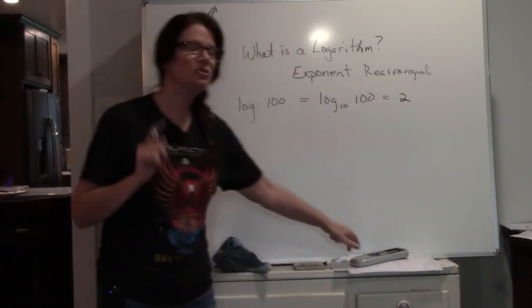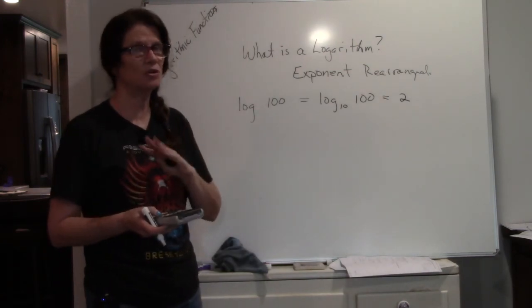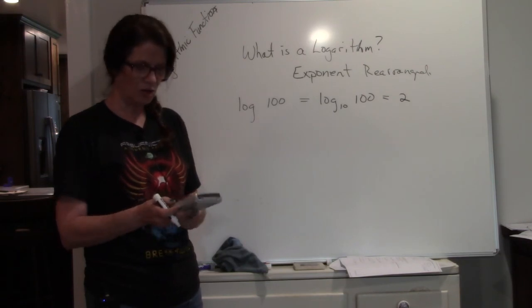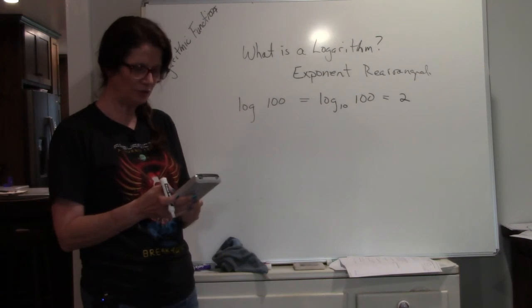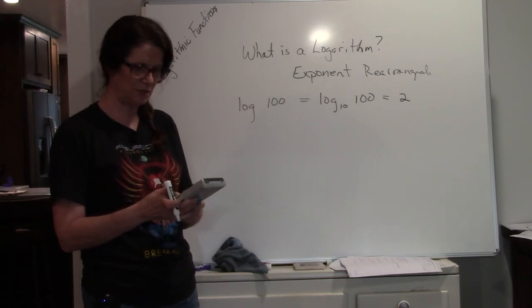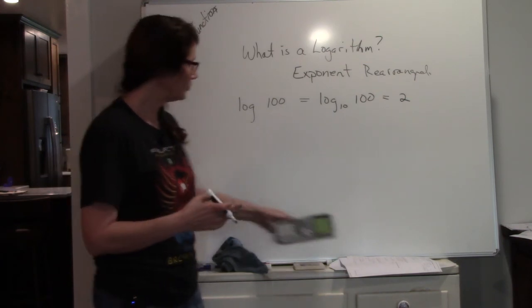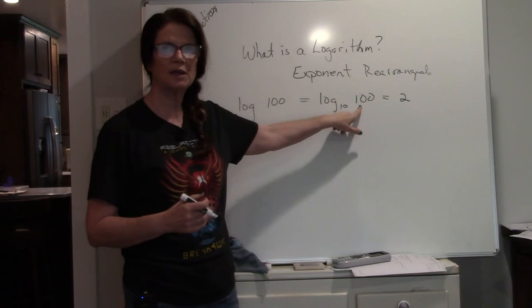Now, if you use your calculator, and you're using base 10 only, that's the only way to use your calculator at this point. So on your calculator, you'll have a log key, L-O-G. All you have to do is hit log 100 equals or enter, and it's 2. So that's what that's saying. 10 raised to the second power gives me 100.